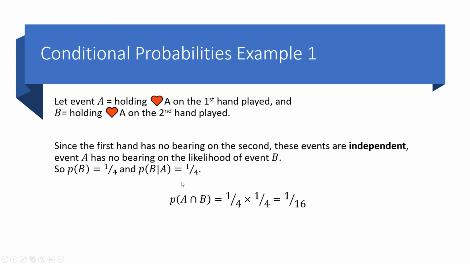Holding the ace of hearts on one round does not make you any more or any less likely to hold it on the second hand that you play. It's quite similar to me saying, if I throw a 6 with a dice, what's my probability of throwing a 6 the second time? It's still 1 in 6.